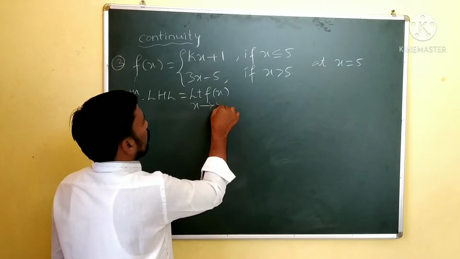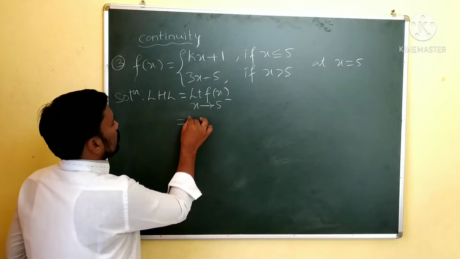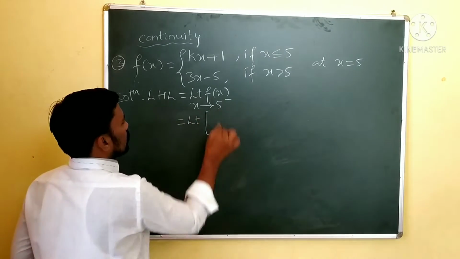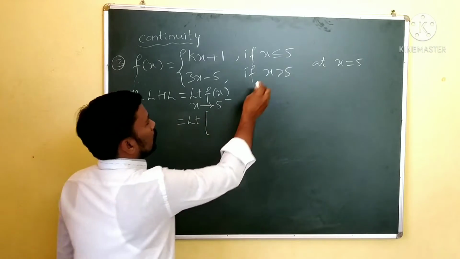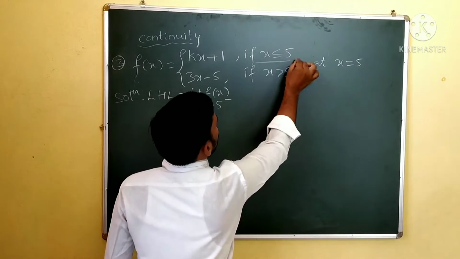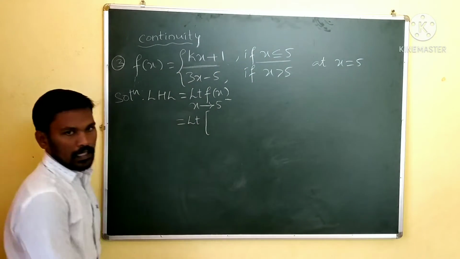Let LHL, the left hand limit, be equal to the limit of f of x as x tends to, so what is the limit point here? 5, and then 5 minus. Now replace f of x by its value. For the left hand limit we have to see the less than symbol. In this interval, the function value is kx plus 1.